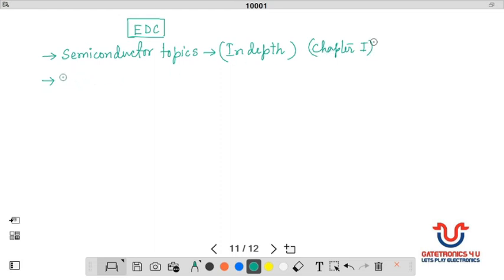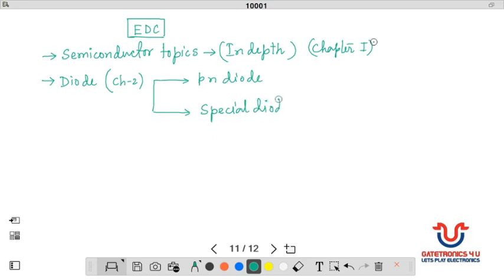Next we come to the diodes. This is chapter 2. In this diode chapter we will cover the basic PN diode. Then we will go for the special diodes. Both of them are in the GATE and ESE.